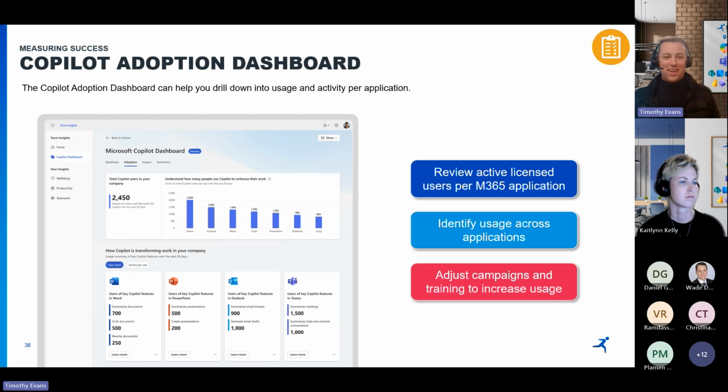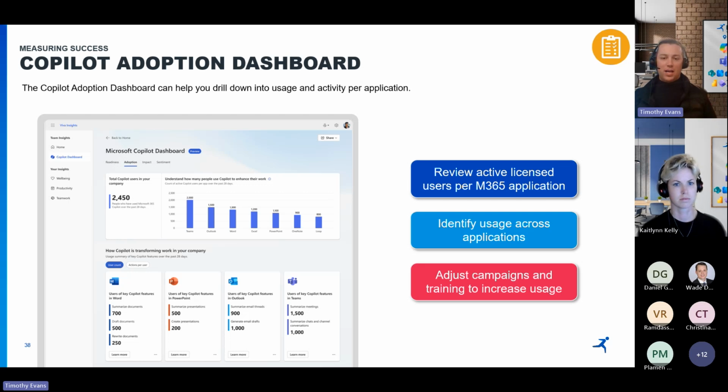So again, this is something that I'm analyzing later today, and this information is really helpful for breaking down those departments and understanding how Copilot is being used holistically, but also specifically for specific departments within your organization. It's also privacy protected for end users.